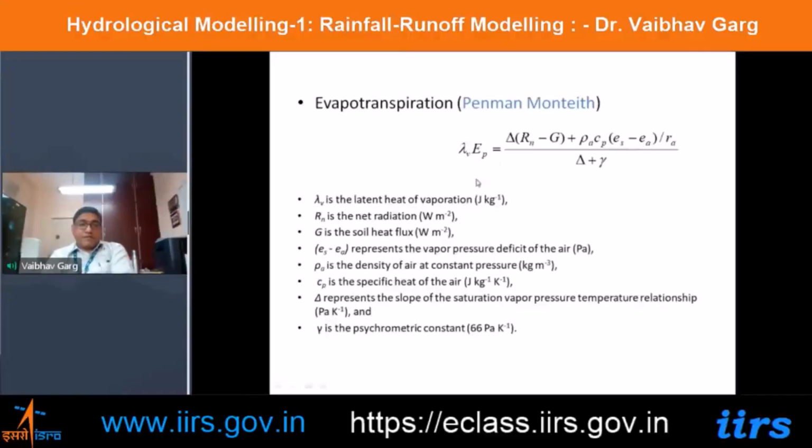And for evapotranspiration, that is EP, it is using the Penman-Monteith method in the background, where lambda V is the latent heat of vaporization, Rn is the net radiation, G is the soil heat flux, and Es minus Ea represents the vapor pressure deficit of the air in Pascal, and rho is the density of air at constant pressure.